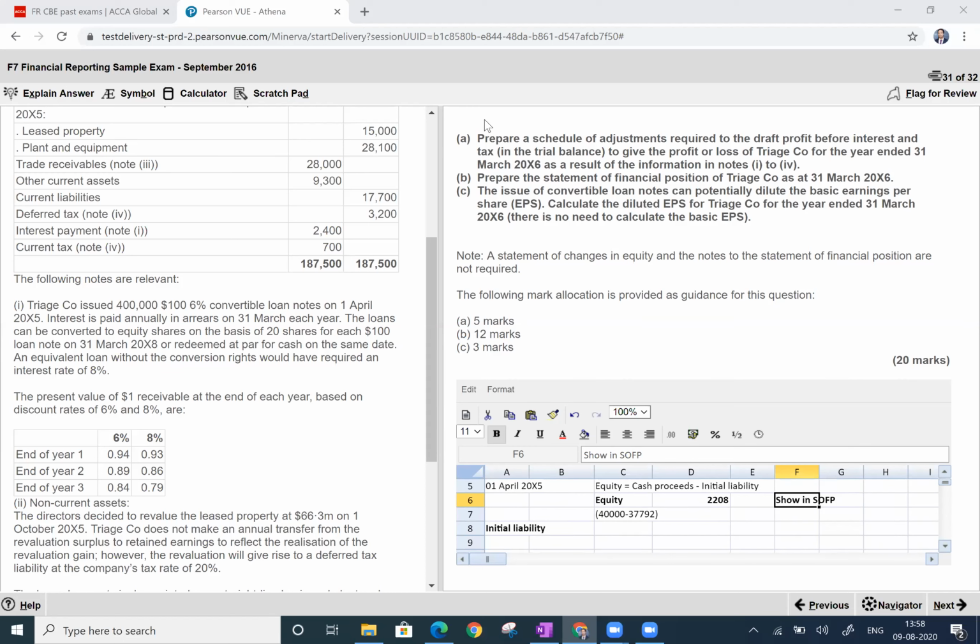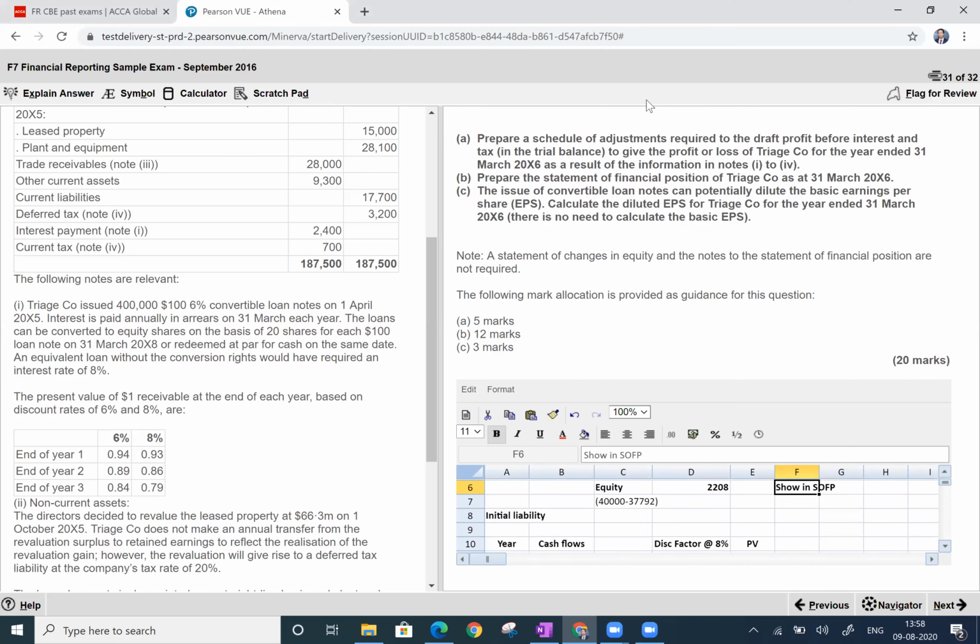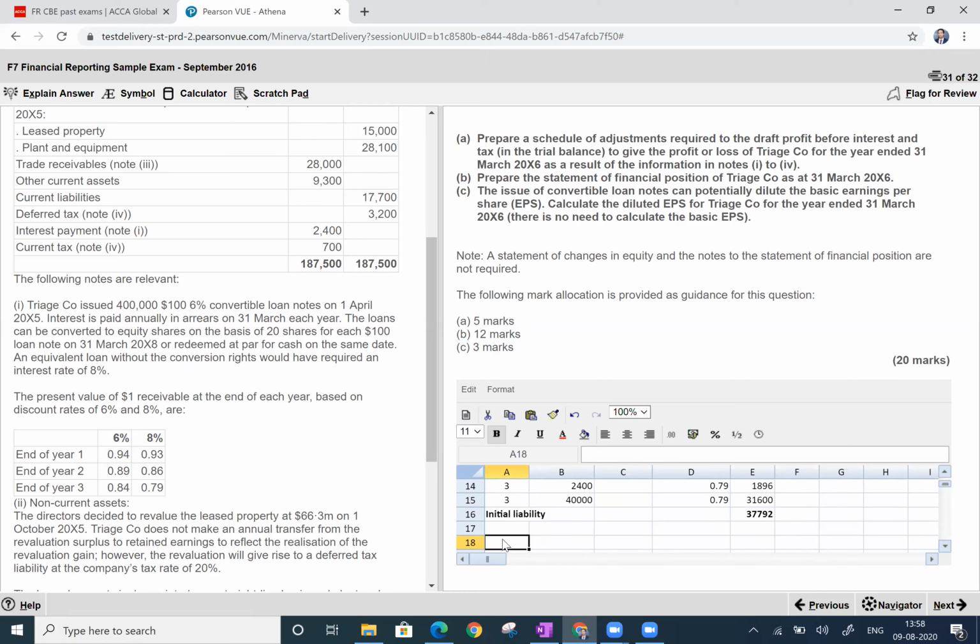Show in SOFP. So now what you have to do is calculate the non-current liability.